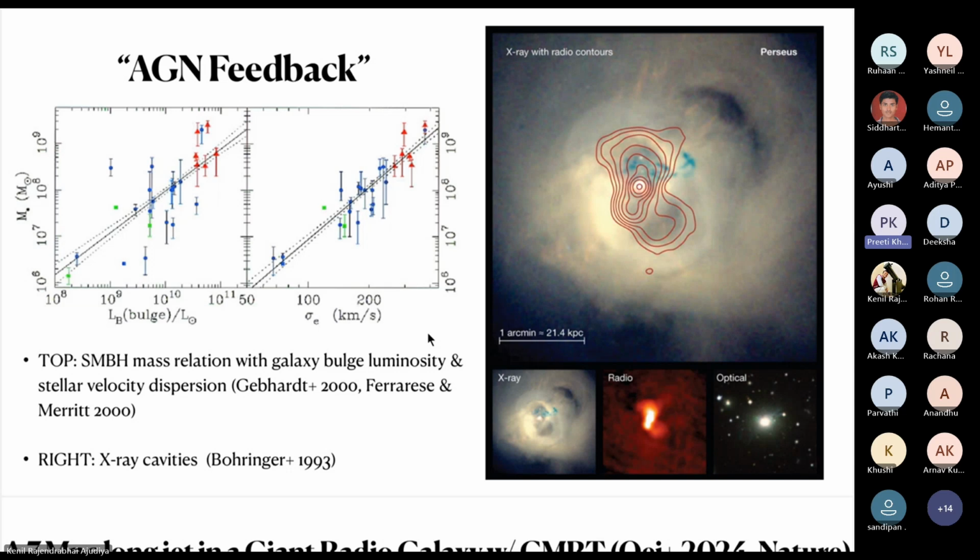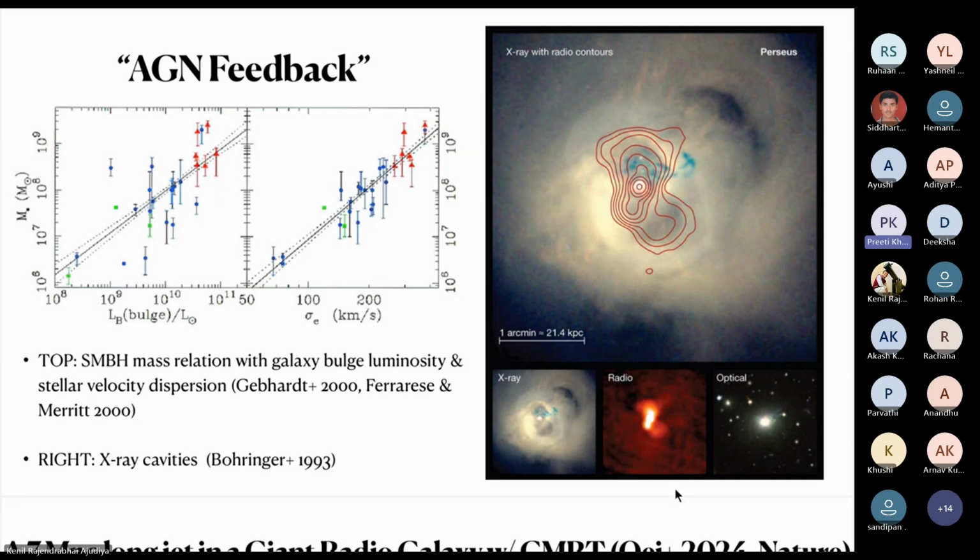The way we understand this is that the black hole is throwing matter out in jets, and those jets could be influencing the host galaxy, moving the stars, compressing gas, causing star formation, increasing turbulence. That is how you can explain this relation. These explanations are called AGN feedback: how the AGN is affecting the host galaxy.